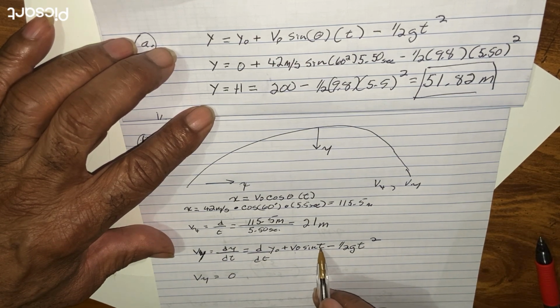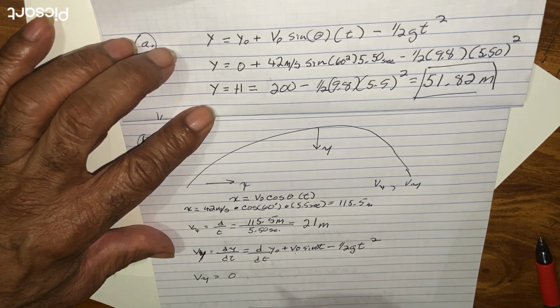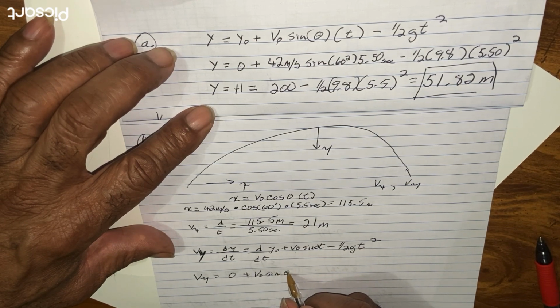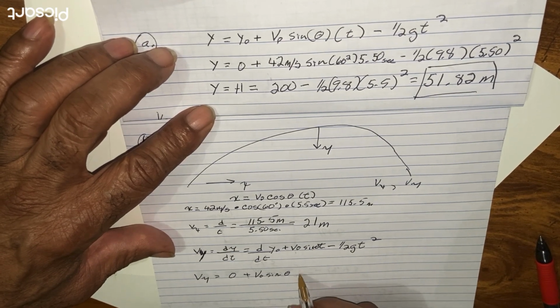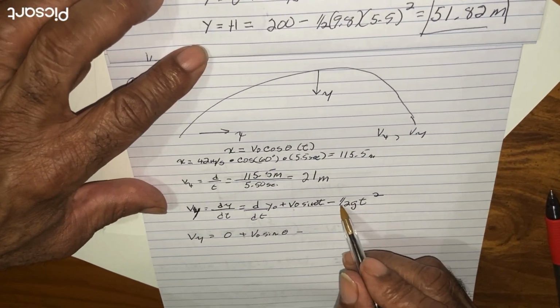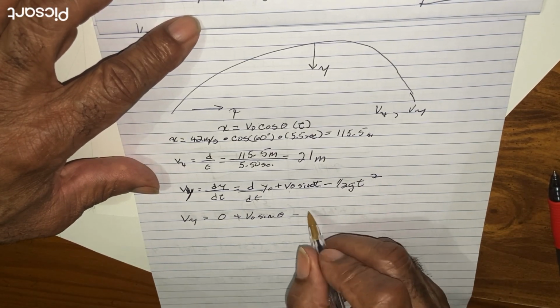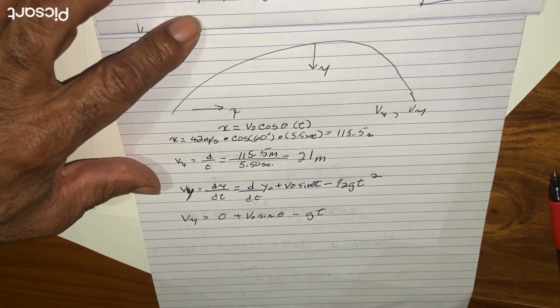Sine theta with respect to time will give us a plus v sub o sine theta. That's what we have left when we do the derivative, minus 2 times 1/2, which is just going to give us 1 gt. So that's our y component.